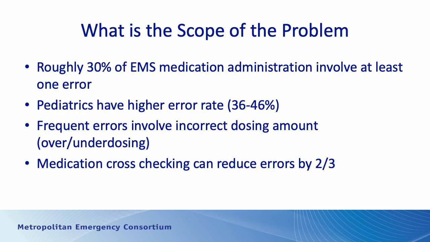So what is the scope of this problem? I was surprised as I started to do some investigation to put this discussion together, but there have been several articles published over the years, and there's an estimate that about 30% of EMS medication administrations involve at least one error. Pediatrics have a higher error rate because children are smaller and we don't always have an accurate weight.